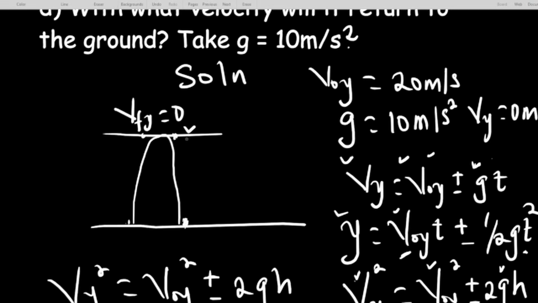We are going to use from the maximum height, but we need to know that at the maximum height, the final velocity is 0, and the initial velocity is still 0. This is because it's going to stop momentarily before crashing to the ground. So we say that the initial velocity in the y direction from the maximum height is simply 0.